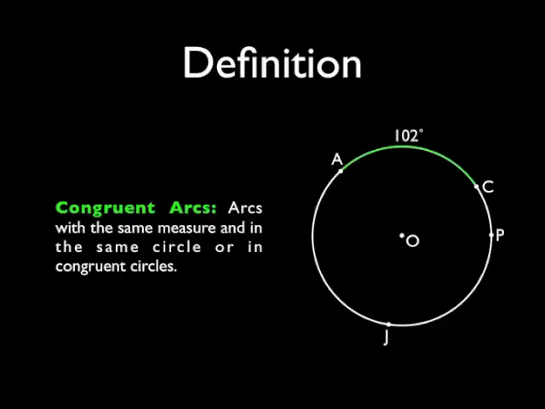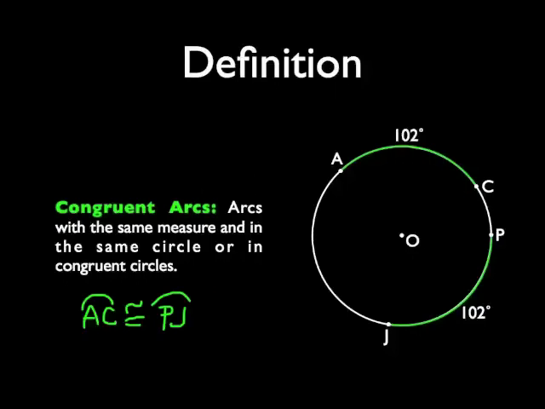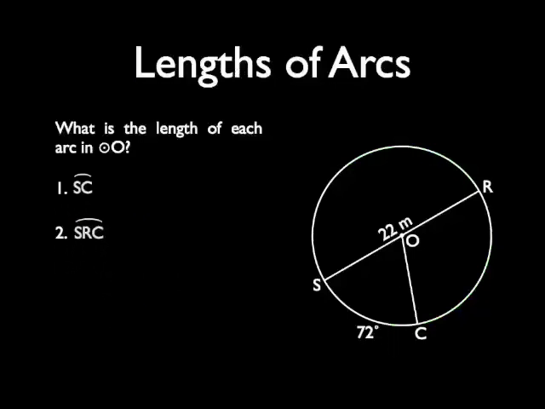So you'll notice that arc AC has a measure of 102 degrees and arc PJ also has a measure of 102 degrees. Because they are both in circle O, arc AC is congruent to arc PJ. And that's pretty much everything we need to know in order to start doing problems dealing with arc lengths.